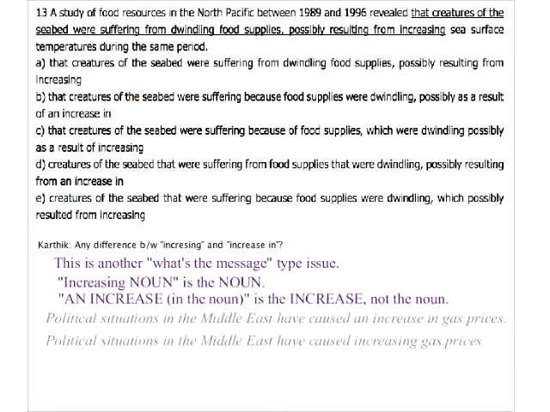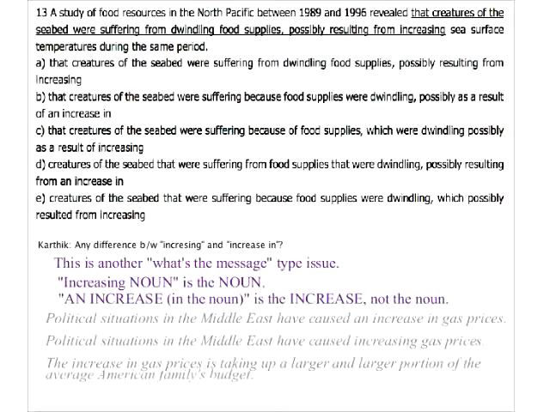And then, the increase in gas prices has caused or is taking up a larger and larger portion of the average American family's budget, versus increasing gas prices are taking up a larger and larger portion of the average American family's budget.